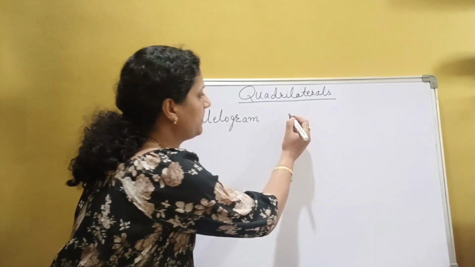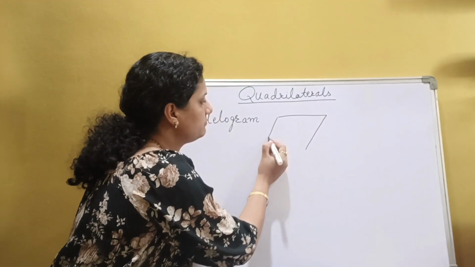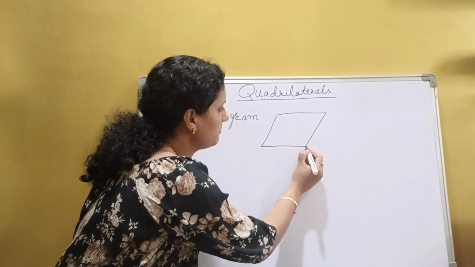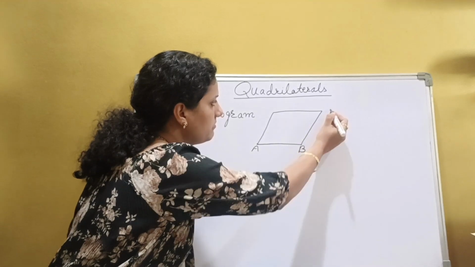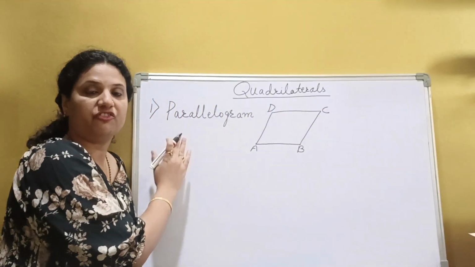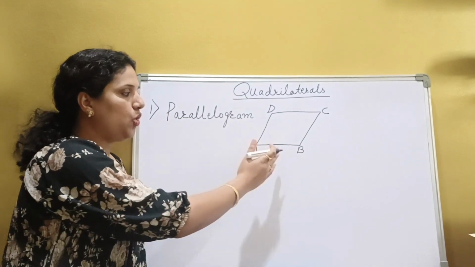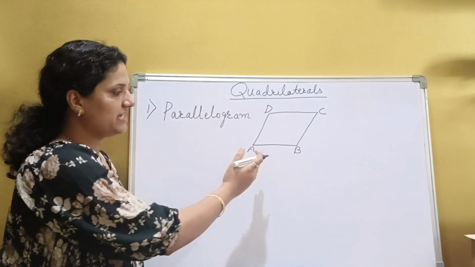Like in parallelogram, the first condition is that the opposite sides are parallel to each other. Opposite side means AB.